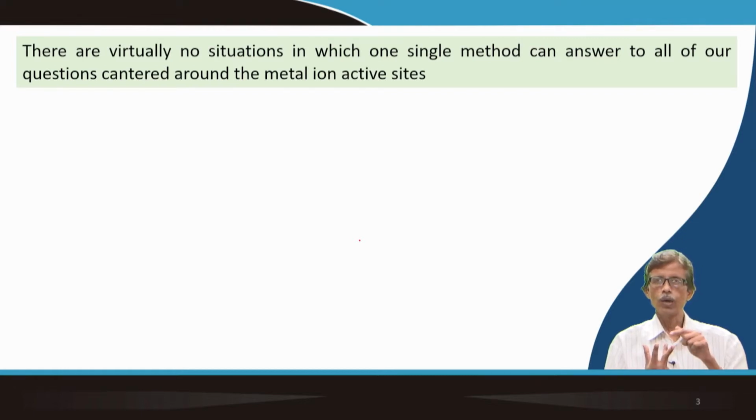Already we have seen that four of these sites are occupied by the nitrogens of the porphyrin ring. So, the fifth will come from the bottom as the corresponding globin chain nitrogen. If we try to understand everything, it is not always possible to find this out through one particular technique.